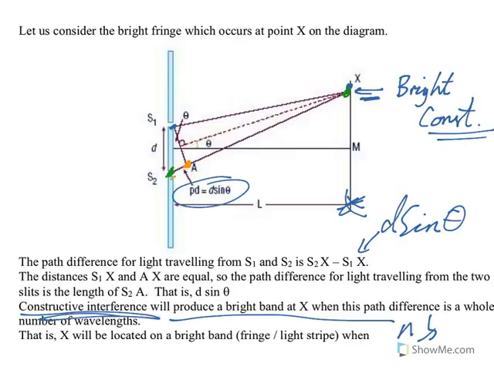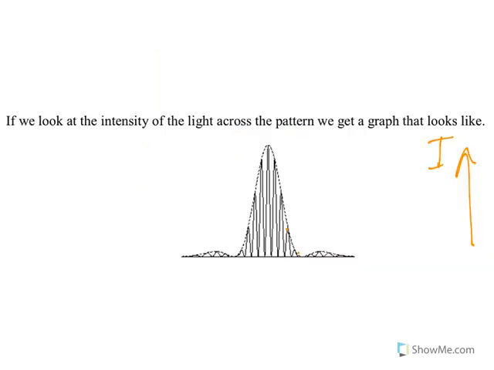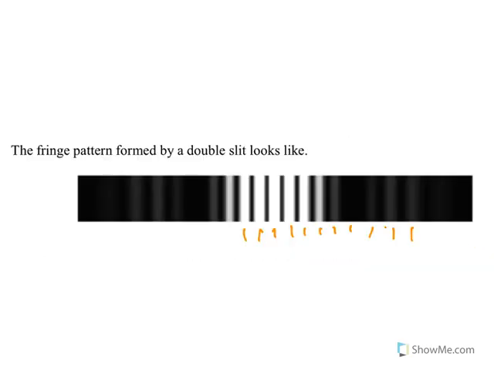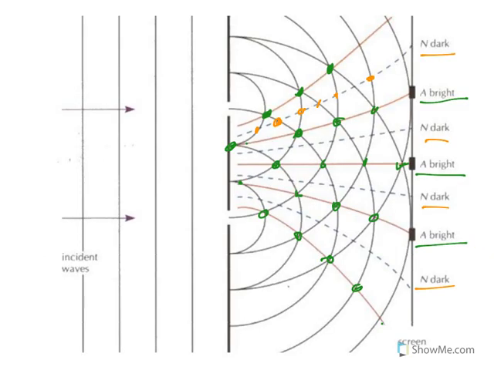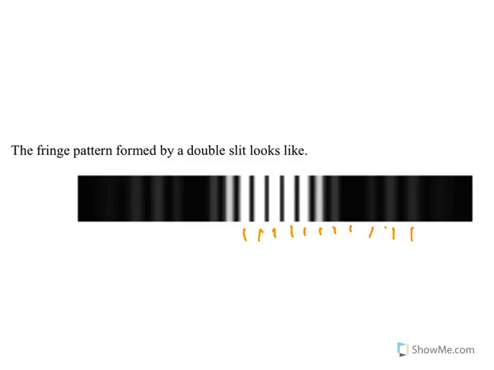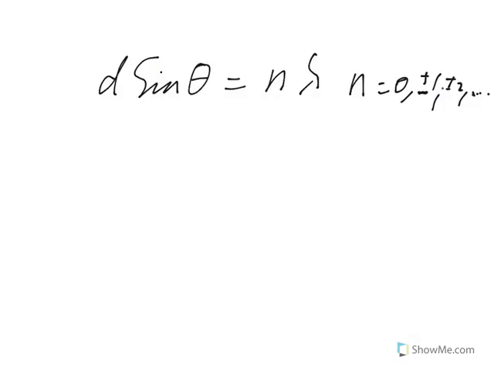So n equals 0 would be the bright spot right in the middle. So n equals 0 is that one, n equals 1, n equals 2 is down here, and so on. Alright, let's get back to where we were.